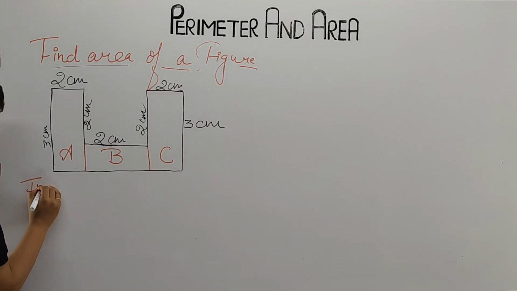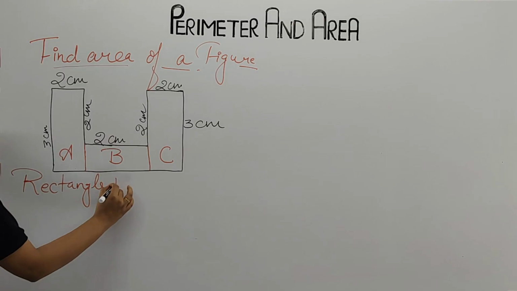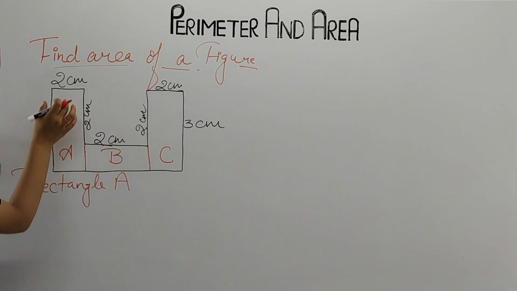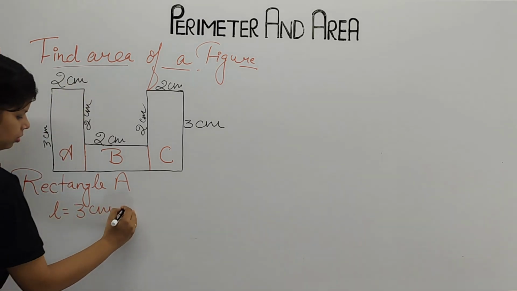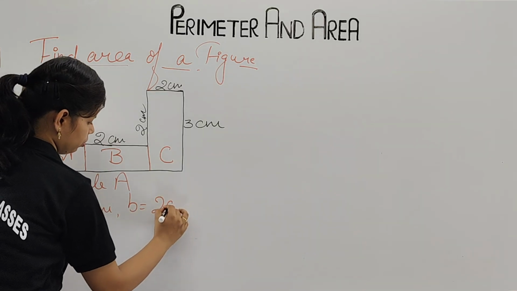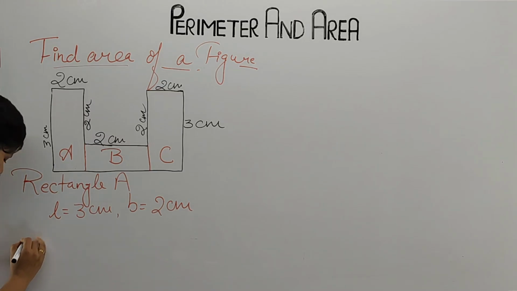In the figure, how are we going to write this? The first figure of ours is what? Rectangle. We are going to write Rectangle A. Rectangle A equals what? What is the length of this one? And breadth. This is your breadth. Length equals 3 centimeter. Breadth equals 2 centimeter. Clear, no? Length and breadth are given. Now we have to find the area. So the area of the figure is what?